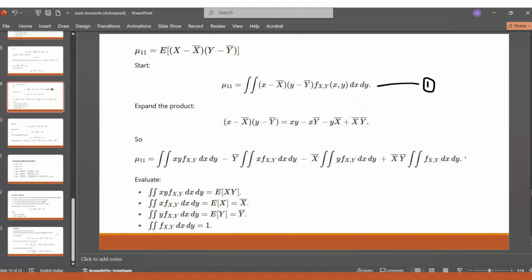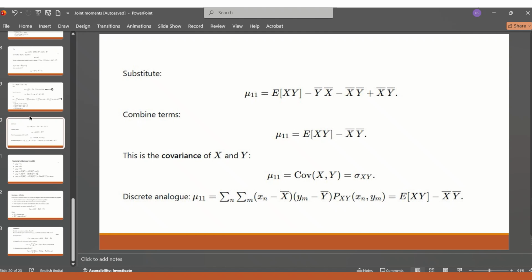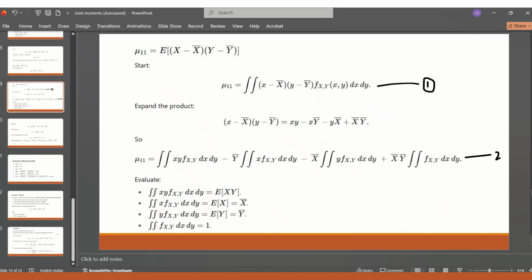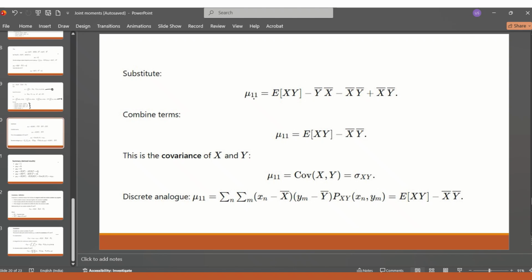We take this as equation 2. Now we substitute these values in equation 2. We get mu 1 1 equal to expectation of xy minus x bar y bar minus x bar y bar plus x bar y bar. We combine these terms: mu 1 1 is equal to expectation of xy minus x bar y bar.